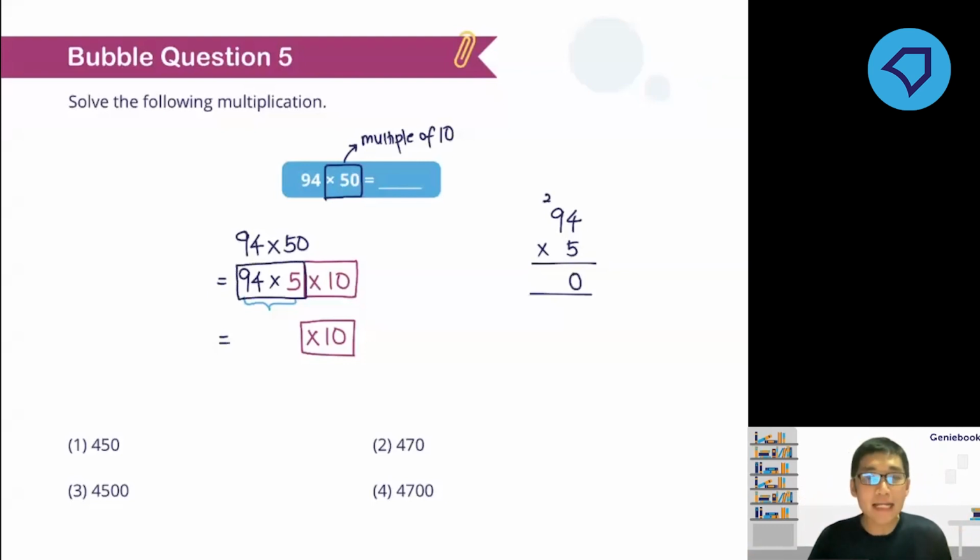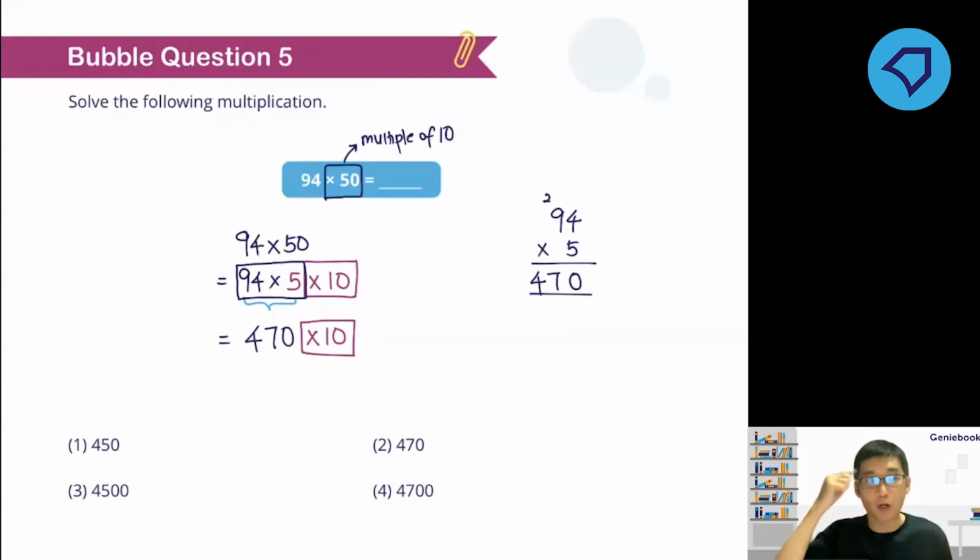Now 9 tens multiplied by 5 will give me 45 tens. Now 45 tens plus the other 2 tens over here, I have 47 tens. So 94 multiplied by 5 gives me 470, but do not forget that you still have one more operation at the end, which is to multiply by 10.